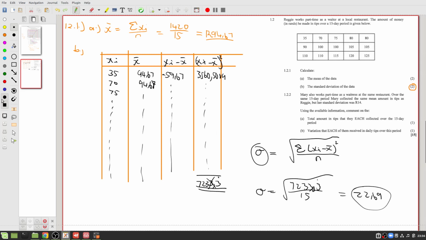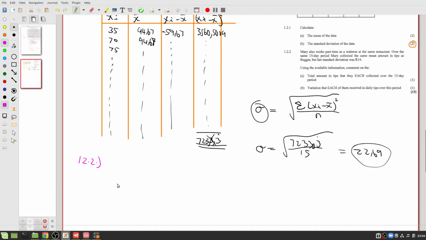Alright, question 12.2. Let's say Mary also works part-time as a waitress at the same restaurant. And over the same 15-day period, Mary collected the same mean amount, the same average amount in tips as Reggie, but her standard deviation was 14. Okay, so let's just write down here Reggie and Mary and see what the differences are.